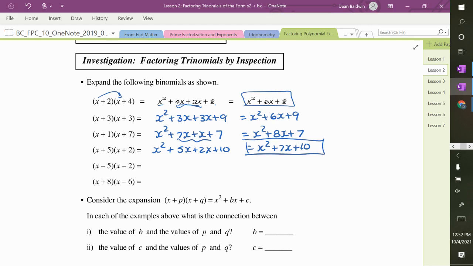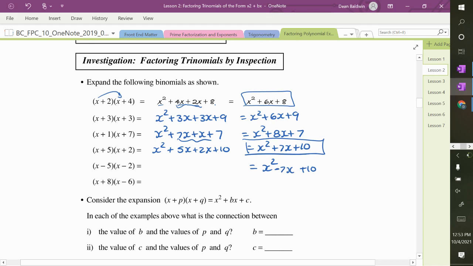So what does x minus 5 times x minus 2 turn into? What's negative 5 times negative 2? 10. Positive 10. What's negative 5 plus negative 2? Negative 7x.